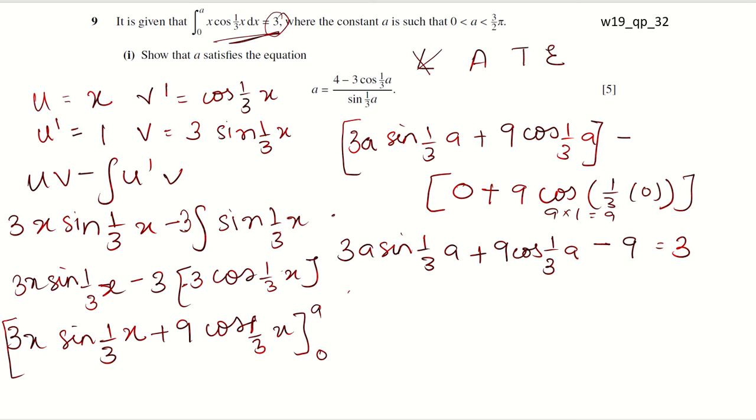So anyways, 3a sine 1 by 3a plus 9 cos 1 by 3a equals, if you take 9 to that side, what is it going to be? It's going to be 12, right? Because 3 plus 9 is 12.